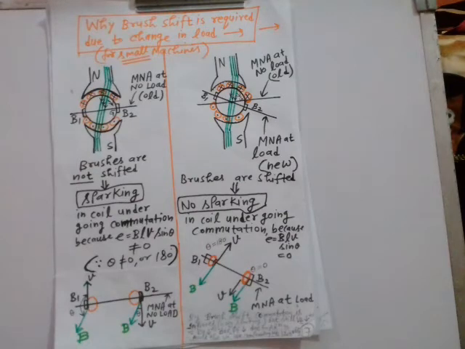When we use compensating winding and interpoles in a large DC machine, then you need not shift your brushes, right? Because then you will be able to neutralize the effect of armature reaction just by using the compensating winding and the interpole technique, right?